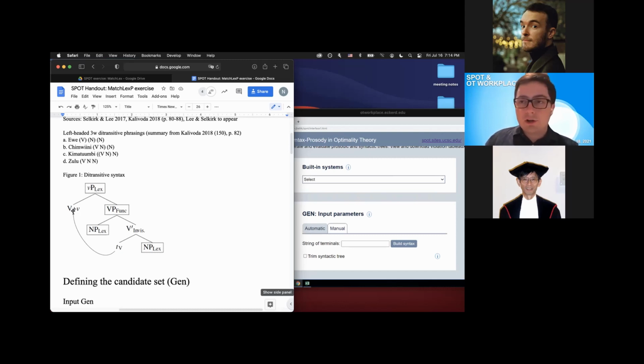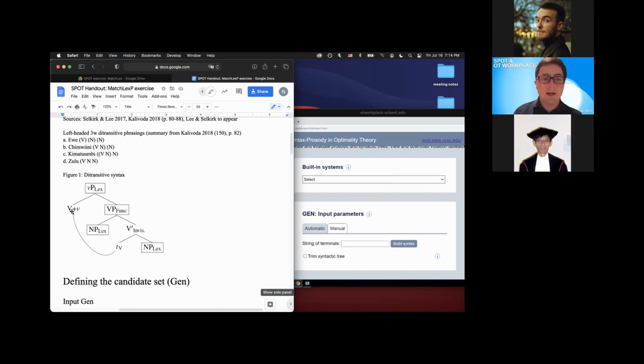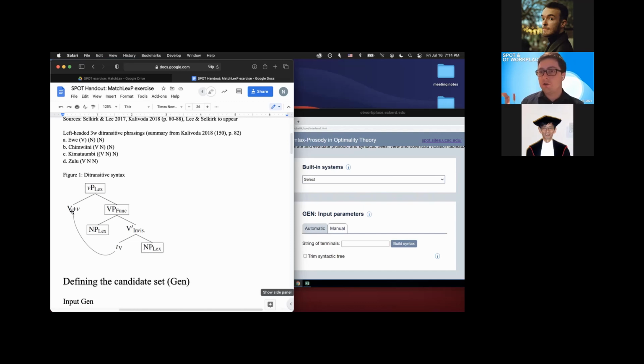So what we're going to show is how to set up an analysis using SPOT, where we are able to encode this lexical functional distinction into the inputs, such that the constraints know which XPs are functional, which ones are lexical, and can assign violations accordingly.